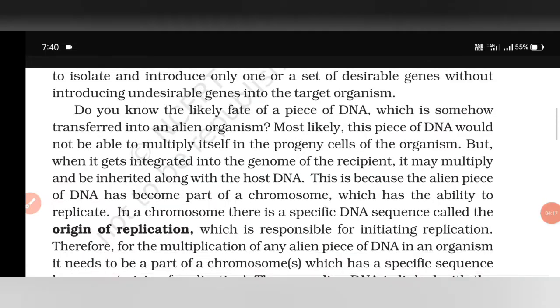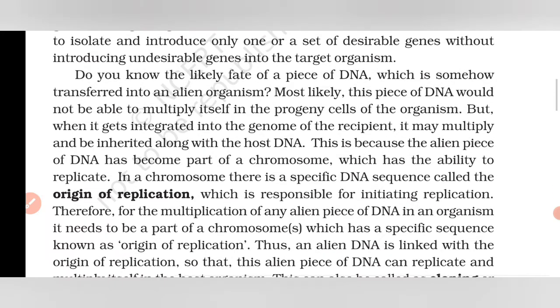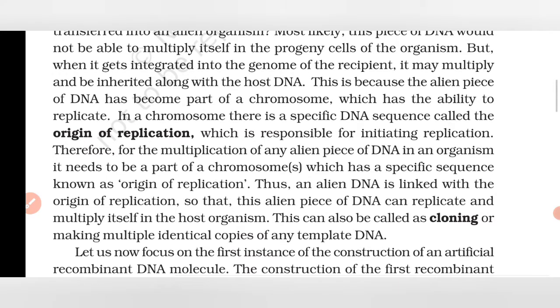Do you know the likely fate of a piece of DNA which is somehow transferred into an alien organism? Most likely the piece of DNA would not be able to multiply itself in the progeny cells of the organism. But when it gets integrated into the genome of the recipient, it may multiply and be inherited along with the host DNA.